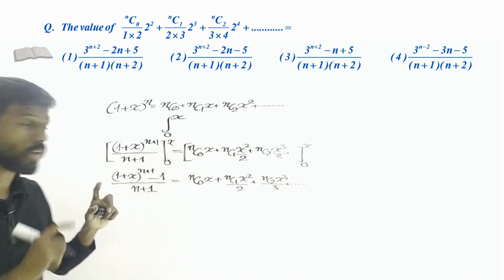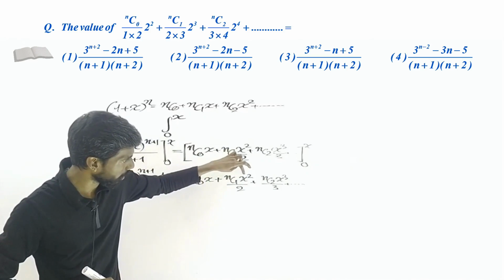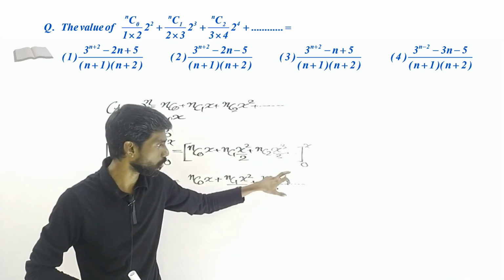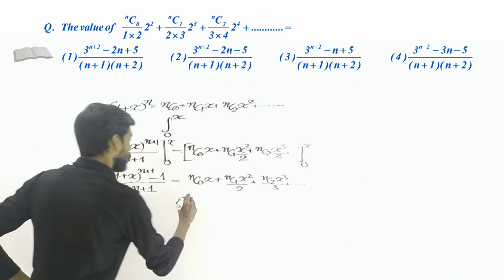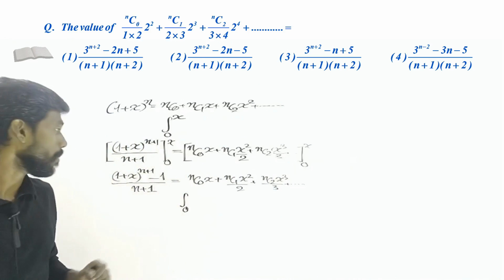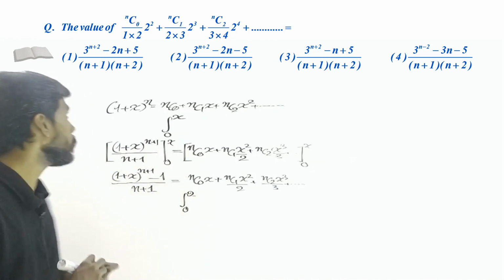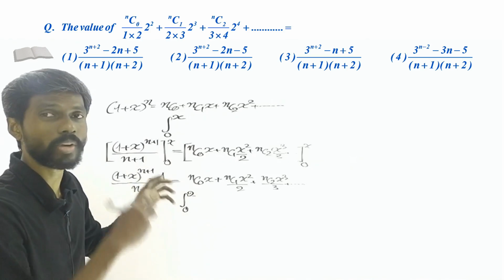Now what you do, you again do the integration. Why do you do integration again? Because if you do the integration, x cube divided by 3, already 2 multiplied by 3. So x to the power 4 divided by 4, 3 times 4. So that's what we want, right? So that means again do the integration from 0 to this time not 1 but 2. See, given expression is of the form nC1 2 cube and 2 to the power 4, nC2 square.